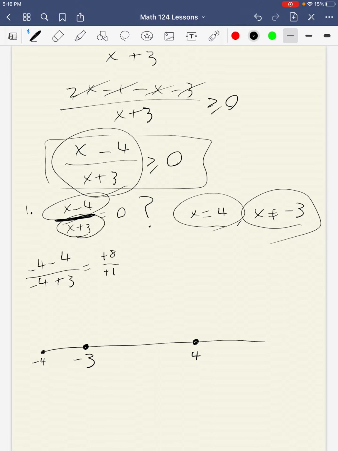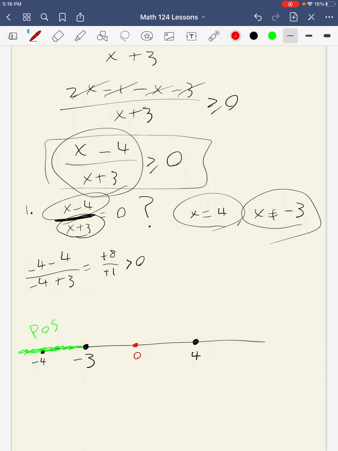But yeah, the value does not matter. What matters is if it's positive or negative. So this was a double negative but positive result. So we're positive here. Plug in numbers to the left of negative 3, the result will be positive.